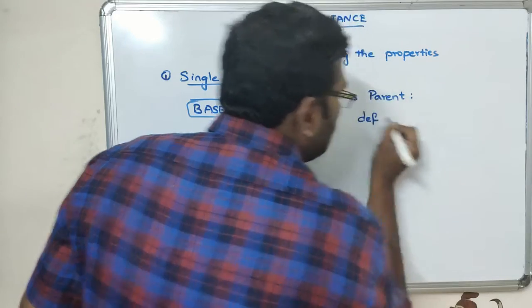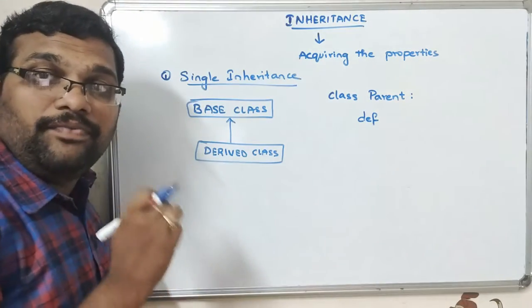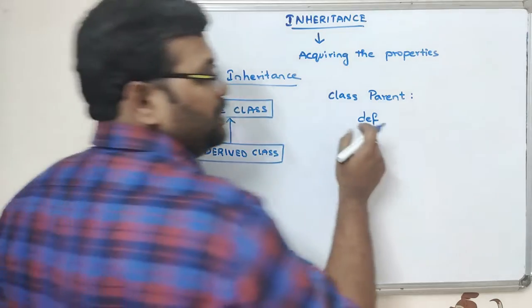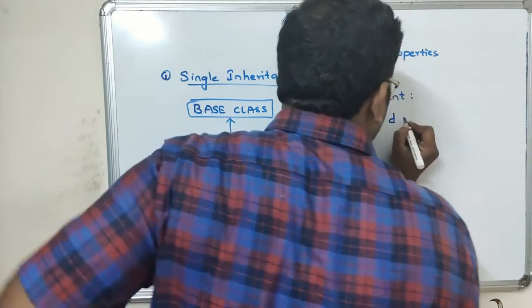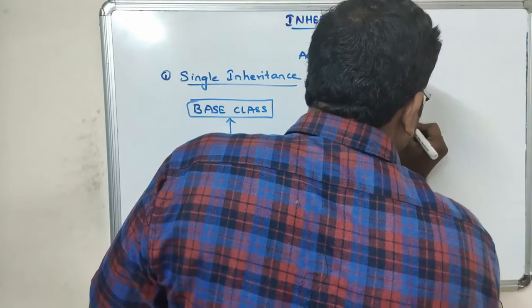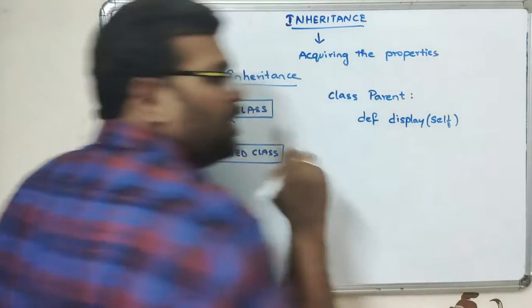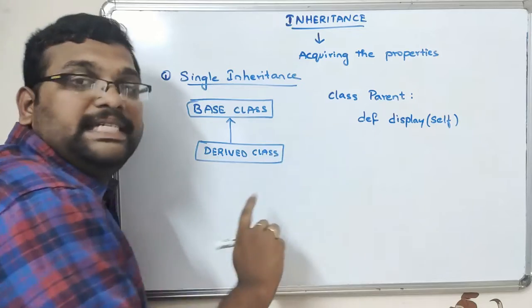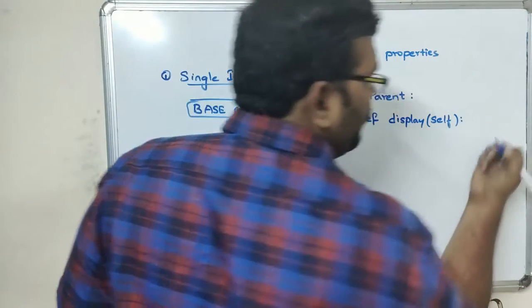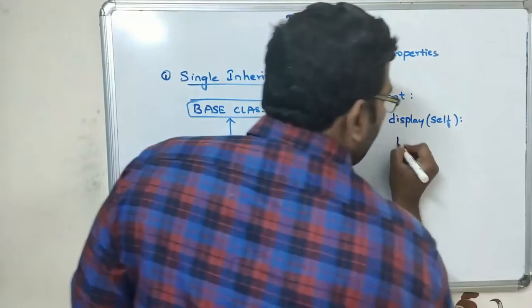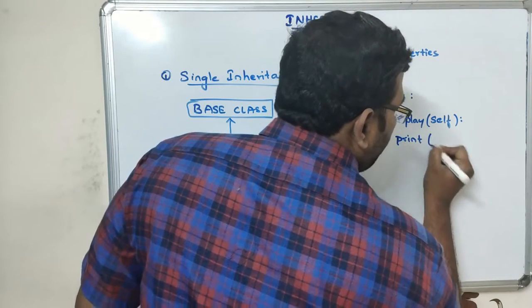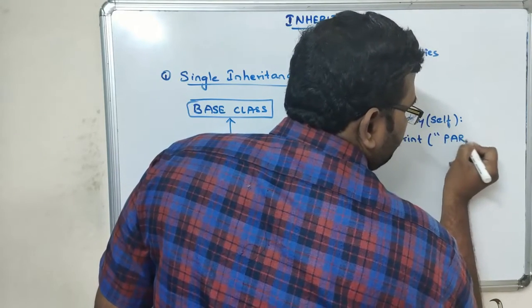We know that a method is nothing but a function, and a function should start with the def keyword. So def display, and we have to pass one parameter, by default the self parameter. Then colon, and here I will just write print parent.